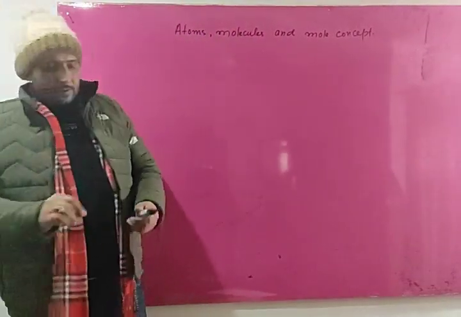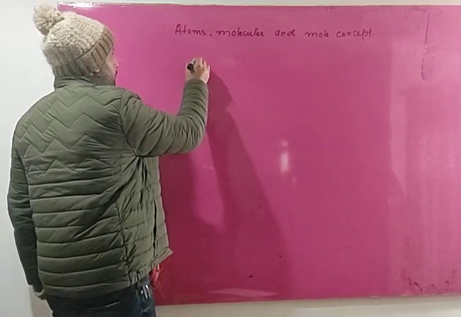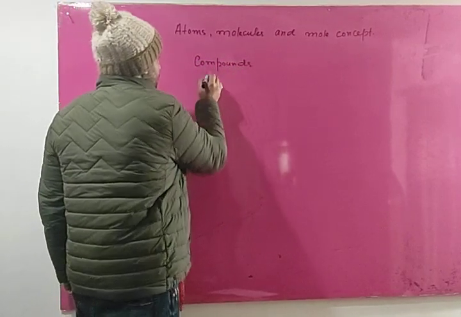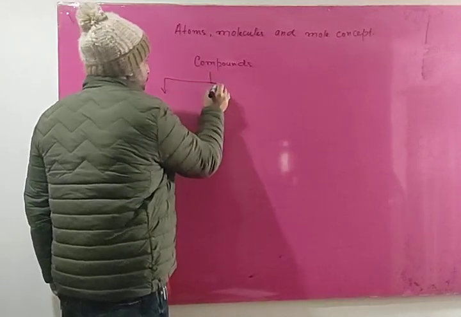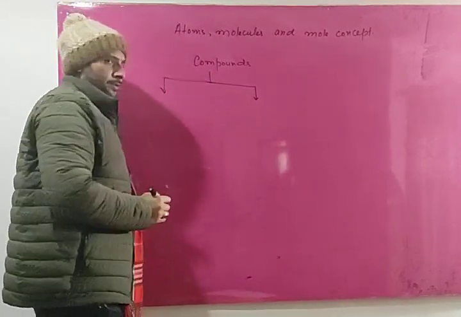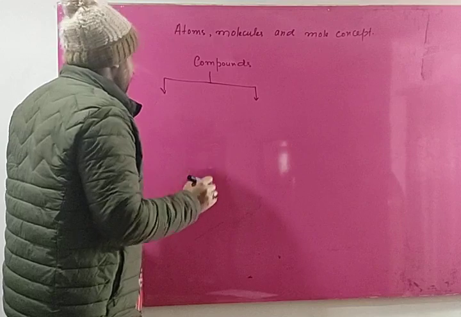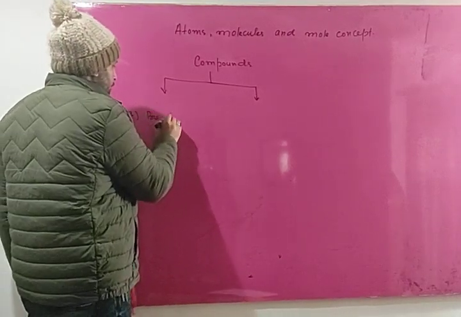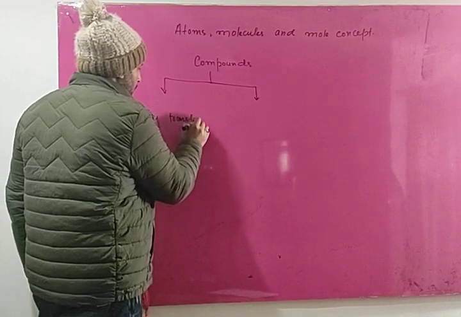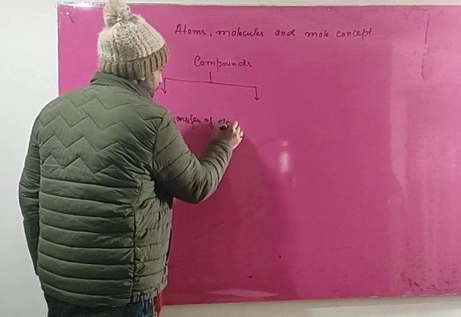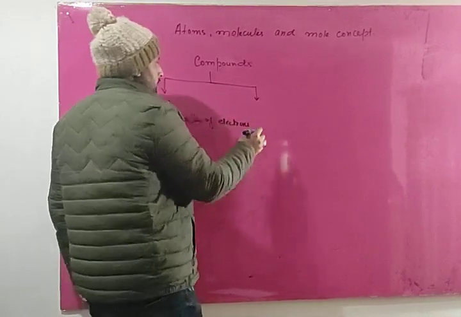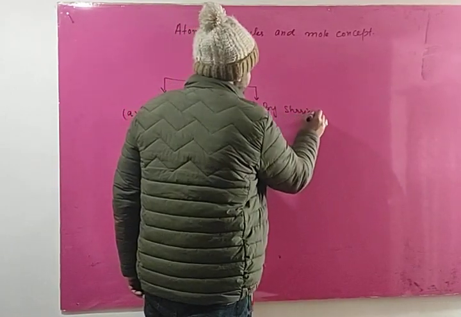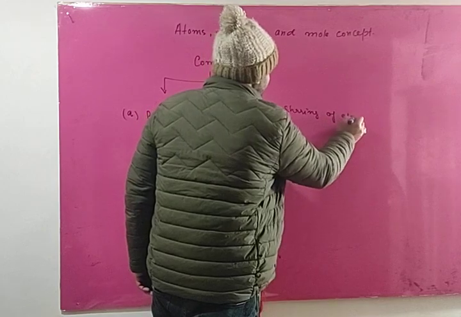Compounds are of two types mostly on the basis of the mode of their formation. ठीक है? So how do atoms combine? One is by transfer of electrons. Second is by sharing of electrons.